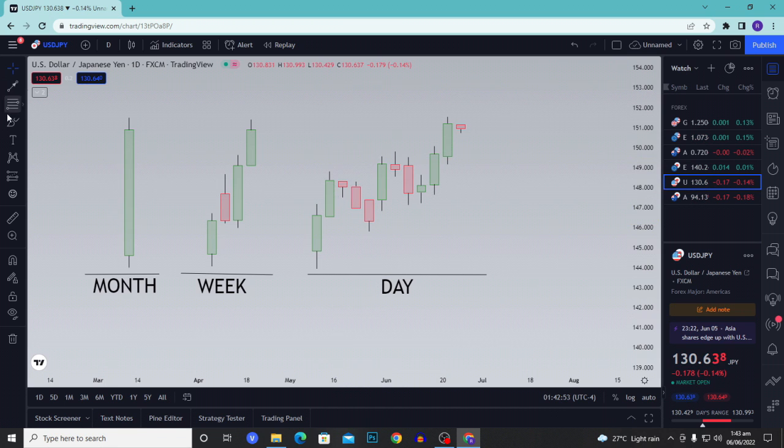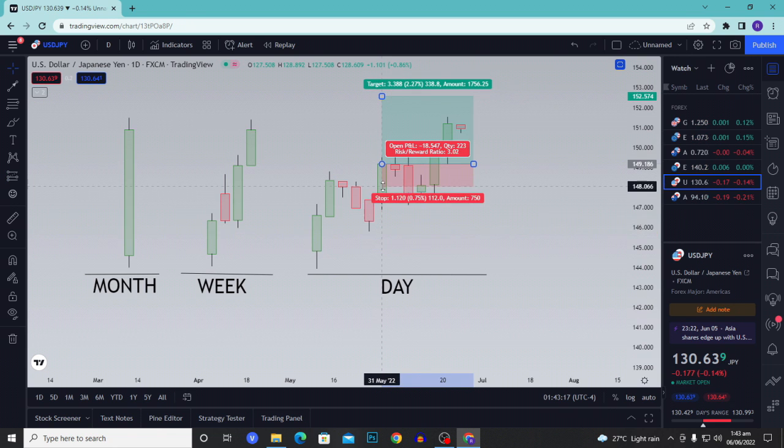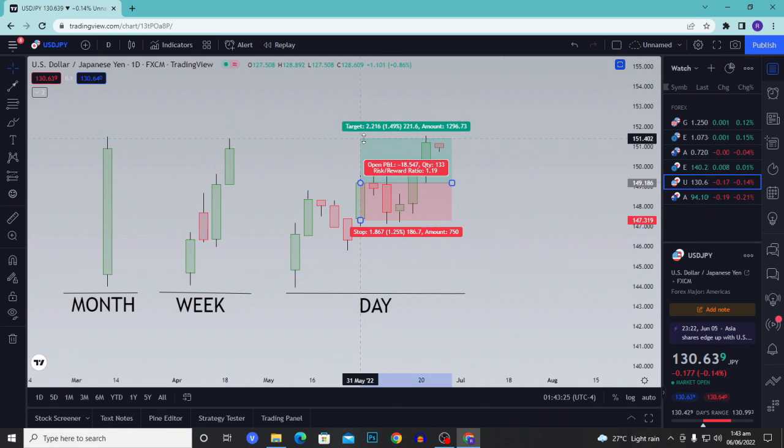Because let's say we enter a buy trade after this very candlestick here, this bullish candlestick. Let's say we enter a buy here, and we have our stop loss right below the open of this candlestick, and we're aiming for just this high right here.